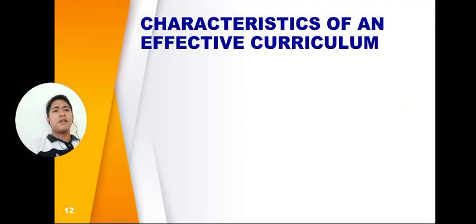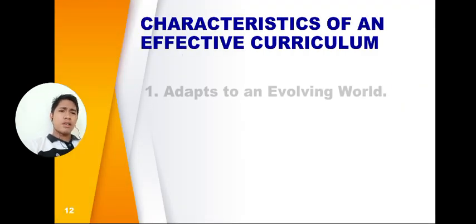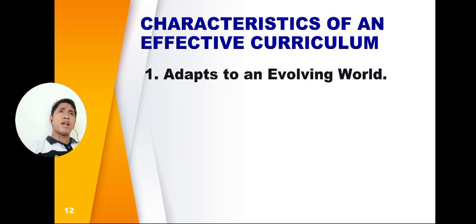So second, a characteristic of an effective curriculum: it adapts to an evolving world. Our world is continuing to change, and everything is changing. Yet our curriculum is also constantly changing. An effective curriculum must adapt with the present.